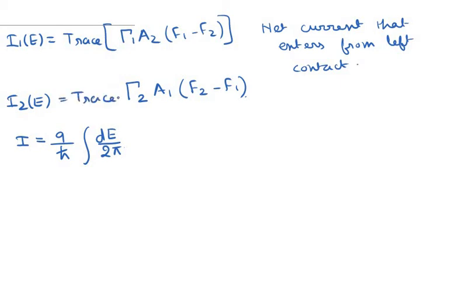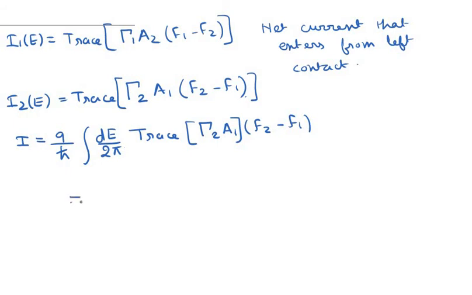Trace of this matrix, trace of gamma 2 A1 F2 minus F1. F2 minus F1 we can keep outside the trace, okay, because F2 minus F1 is basically a number.